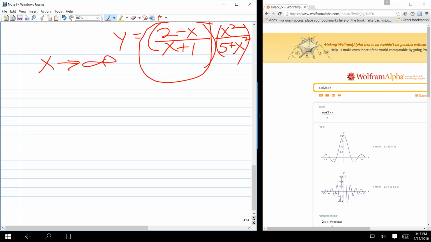No, you take the highest degree. If the degree of the numerator and the denominator is the same, which it is, it's x there and x there, then you take the ratio of those coefficients, which in this case is minus 1. In other words, I don't care about the 2, I don't care about the 1, I don't care about this 5 over here. That's why I said it's not going to matter.